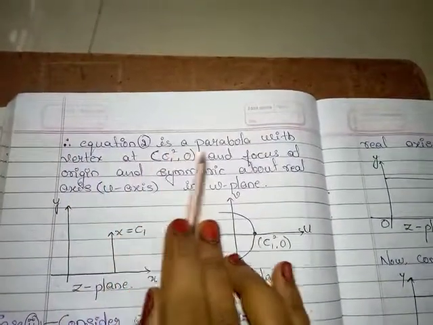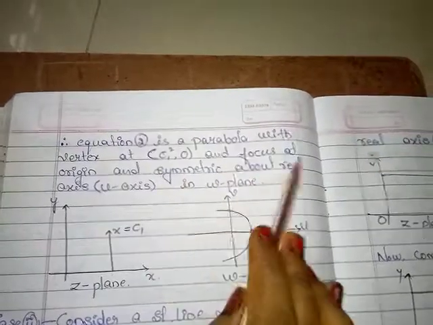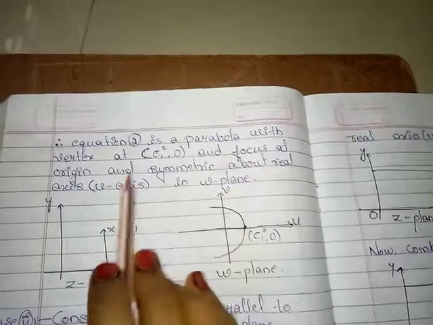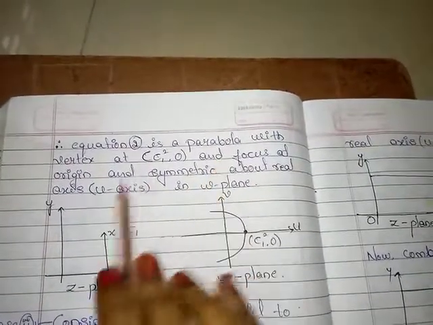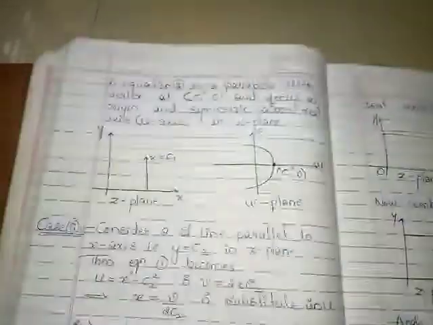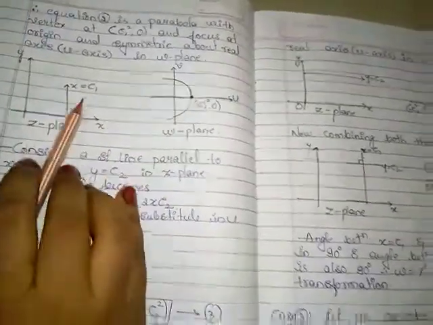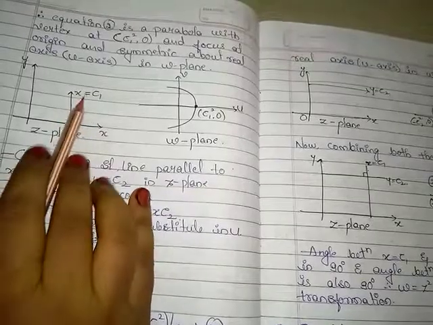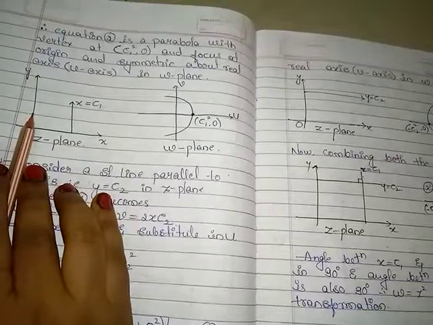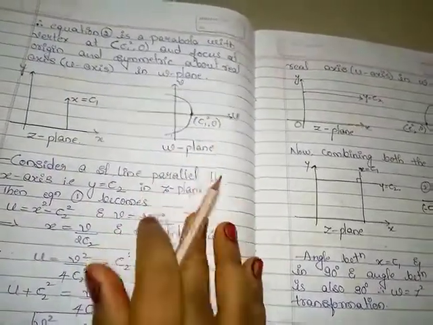Therefore equation 2 is a parabola with vertex at (c1 square, 0) and focus at the origin, symmetric about the real axis, that is the u axis, because this is the image formed in the W plane. In the Z plane our equation is x is equal to c1, which is a straight line parallel to y axis, which transforms to a parabola in the W plane.